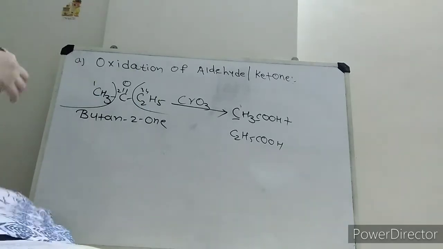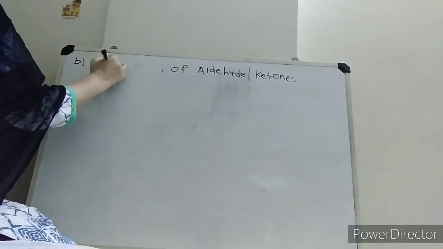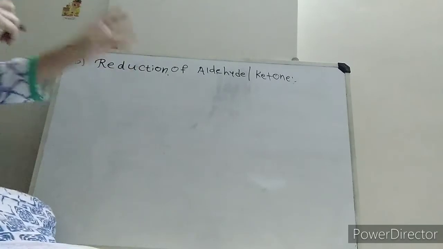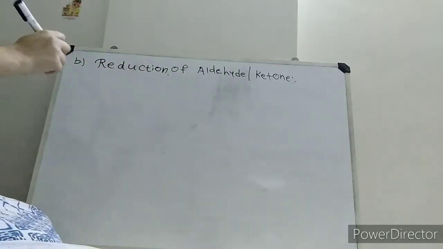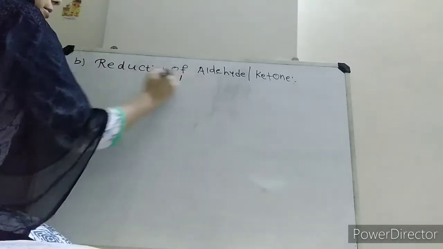Now the second one, we will start with reduction. Second is reduction of aldehyde and ketone. It is again divided into two types.